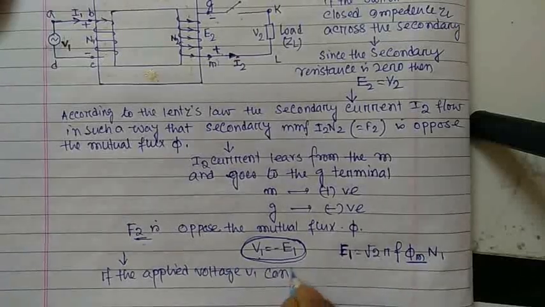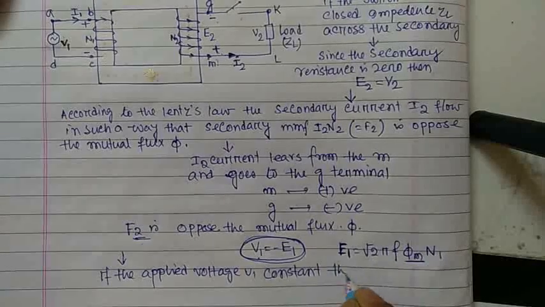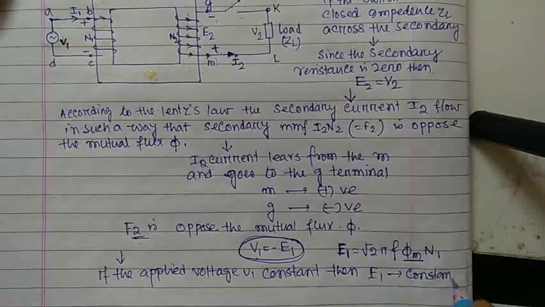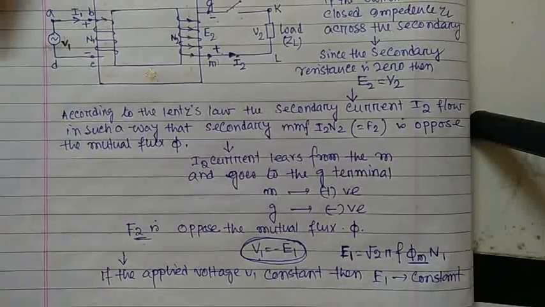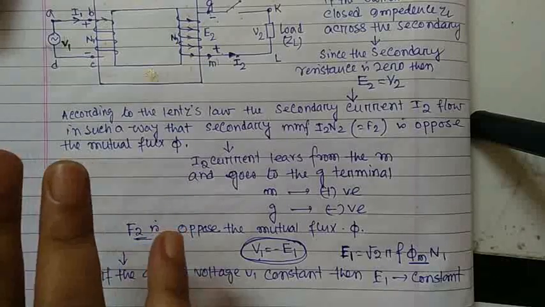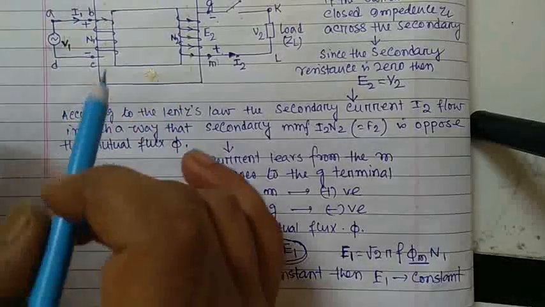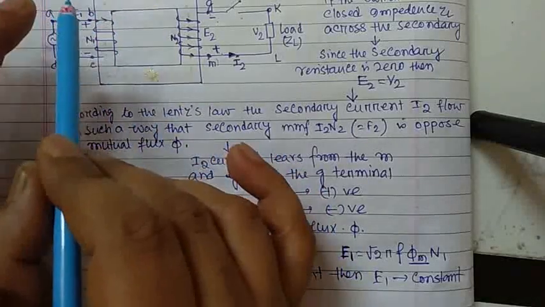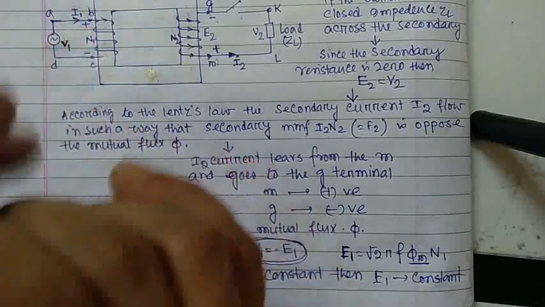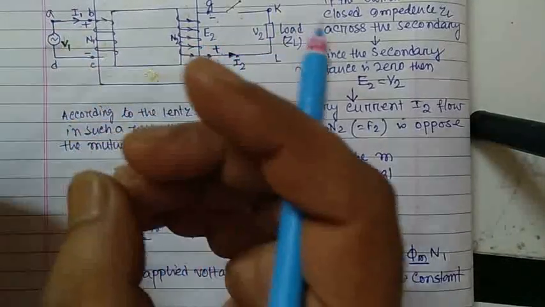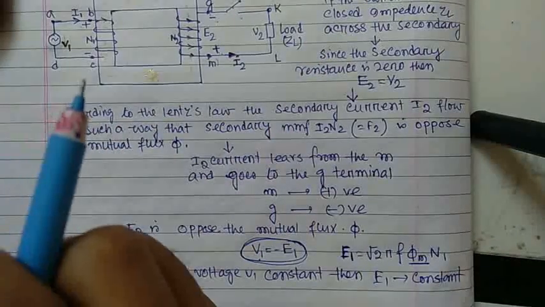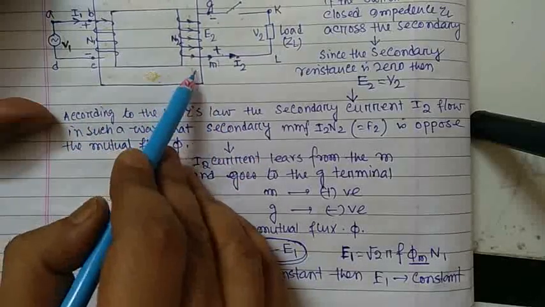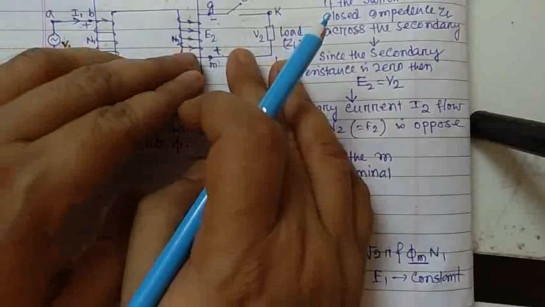For that reason it will draw a primary current, suppose I1 dash, from the source to neutralize the demagnetizing effect of I2N2.